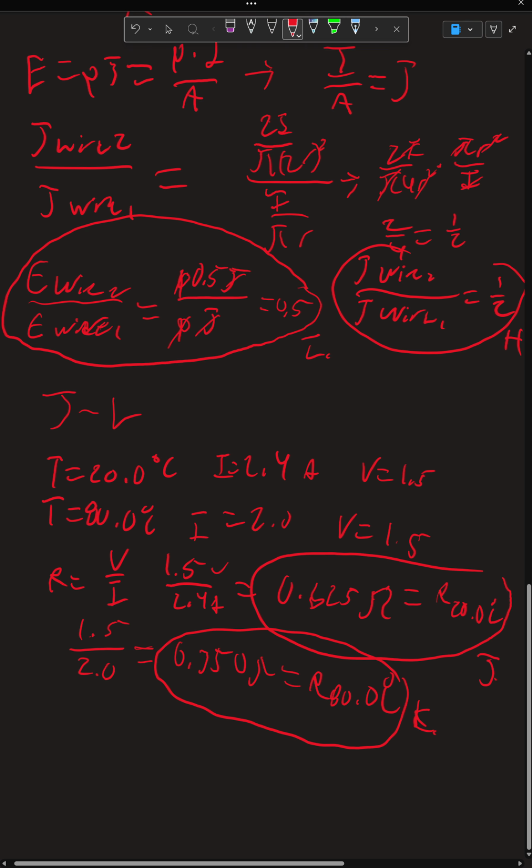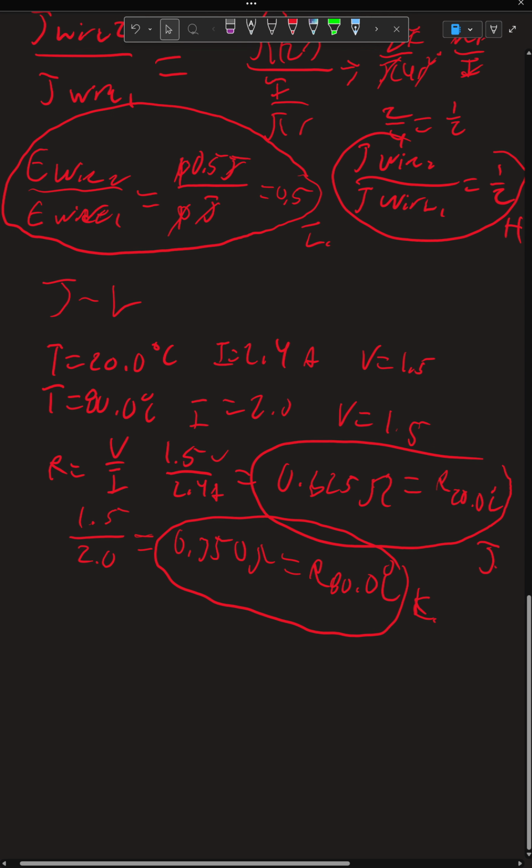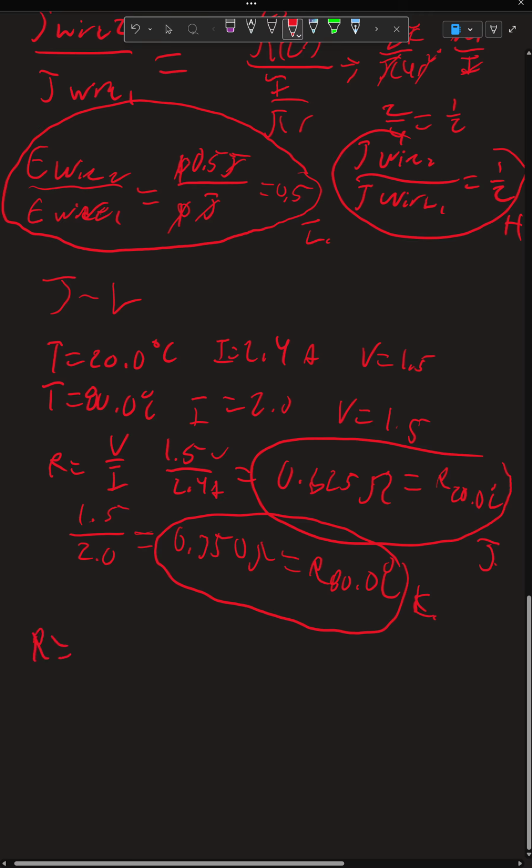We're just going to use the formula for the resistance at a different temperature, which is R equals R0 times parentheses, 1 plus A, which is what we're trying to find, the coefficient of resistivity, times parentheses T minus T0. Now we just have to define everything.